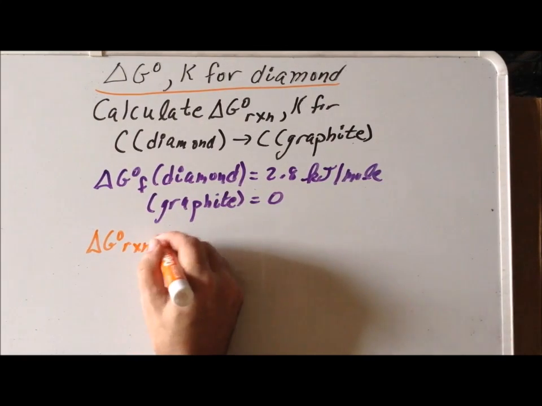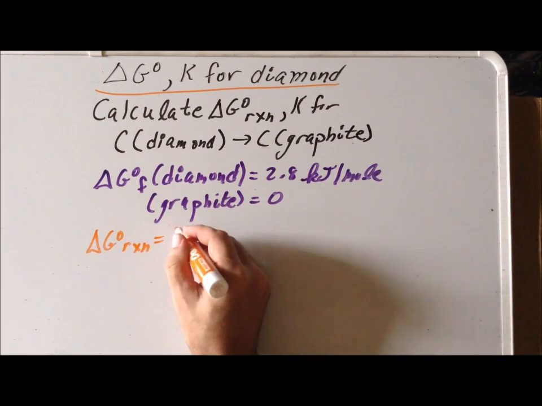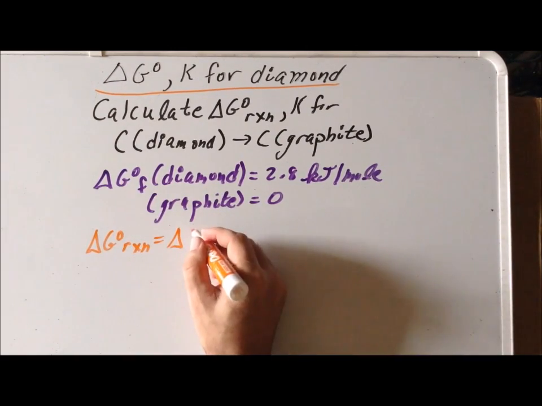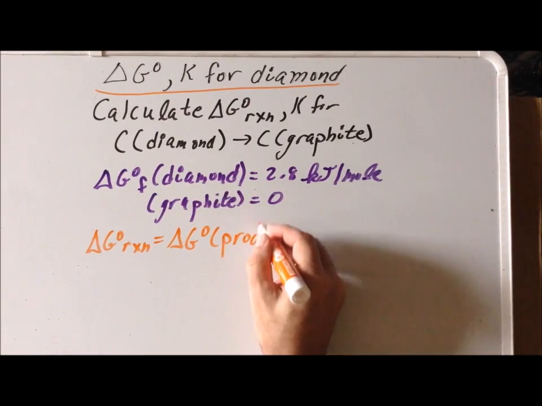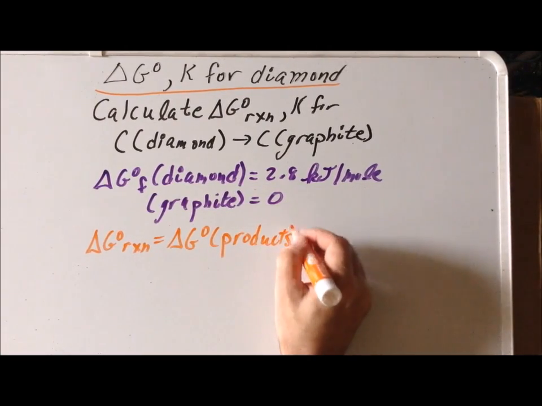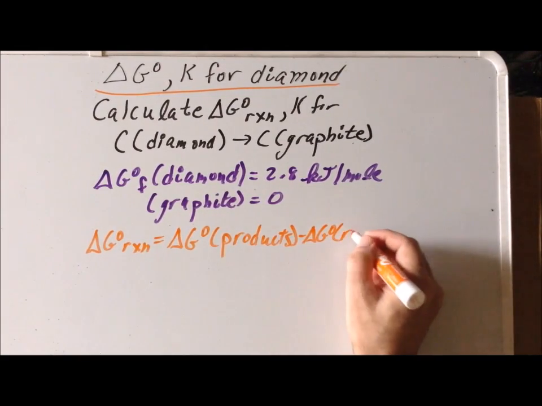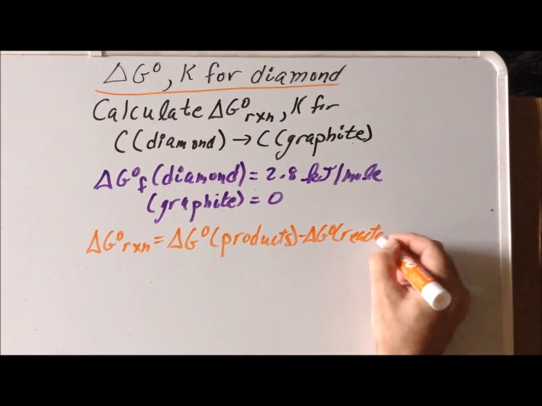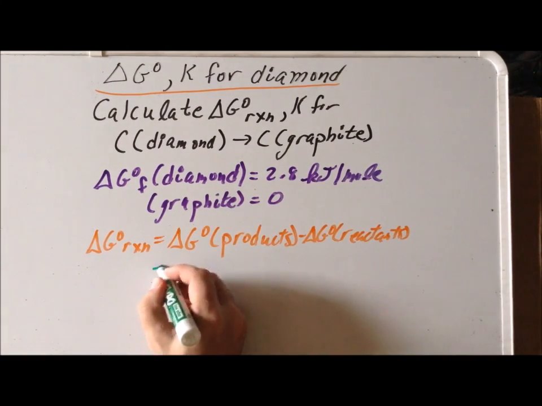Now we can calculate the delta G naught of reaction by utilizing the fact that delta G is a state function. So this particular value is delta G naught of products minus delta G naught of reactants. Now, we notice that the product of our reaction is graphite, and its delta G naught of formation is 0.